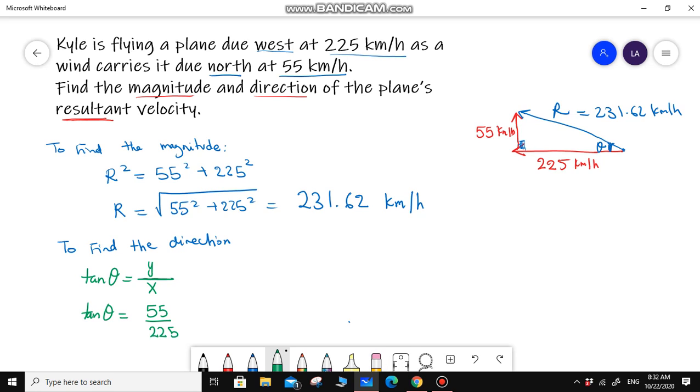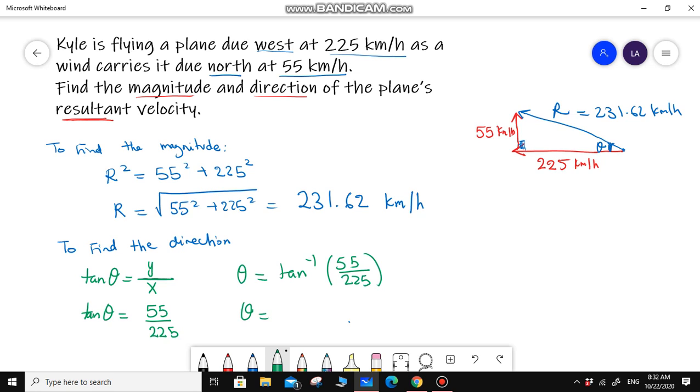Now, theta will be tan inverse 55 over 225. Notice here that your calculators must be set into degrees, not radians. You will do on the calculator shift tan, open brackets, 55 divided by 225.